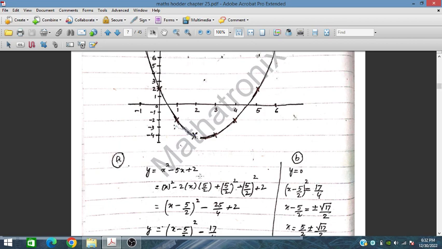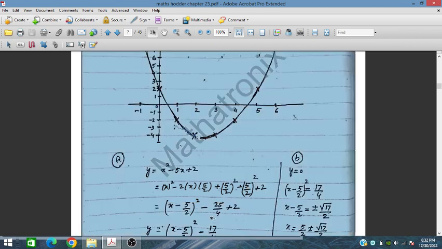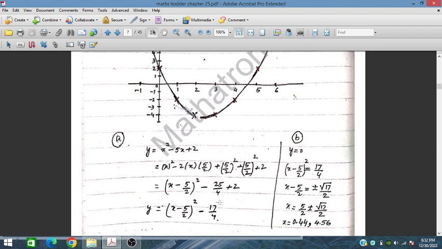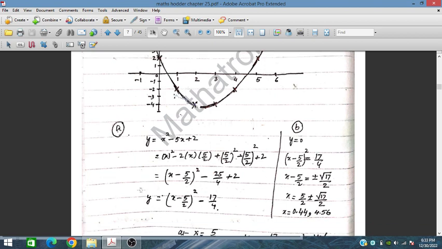We make this a perfect square by this method from here to here. This factor is further divided into 2 into x into 5 by 2. So this 5 by 2 is added here, subtracted here, and this +2 is this. From this we have obtained x minus 5 upon 2 square minus 25 upon 4 plus 2. So from this we have minus 17 upon 4.